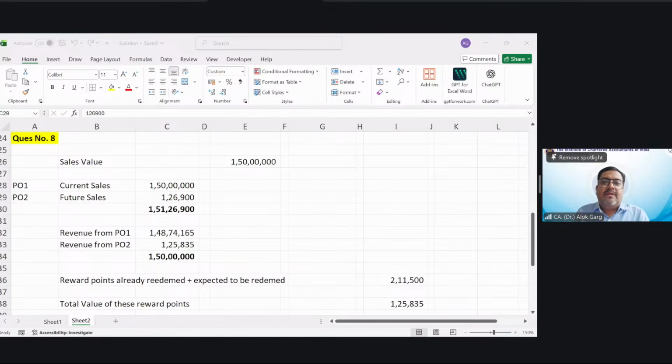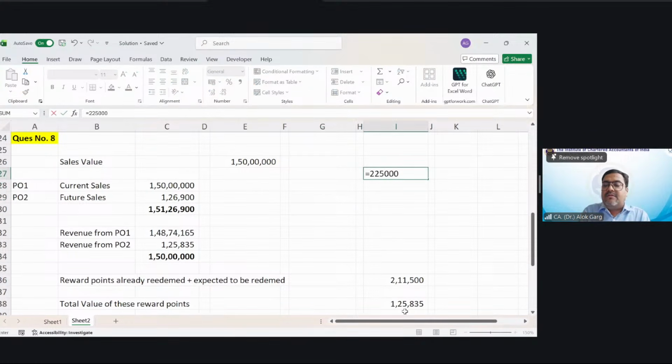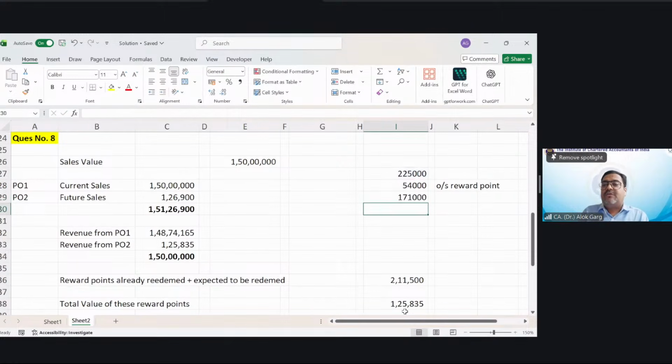Let me show you the calculation. When I'm recognizing revenue at the end of the year, I have two things. My total reward points are 2,25,000. Out of this, how much is the outstanding reward point at the end of the year? 54,000. So 1,71,000 is utilized.